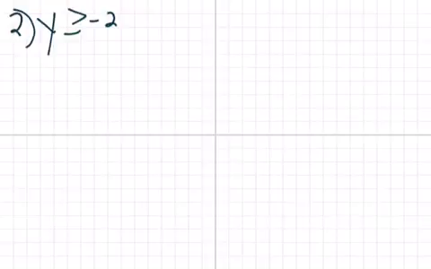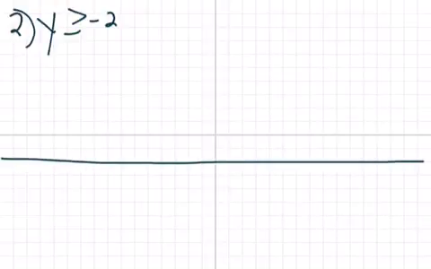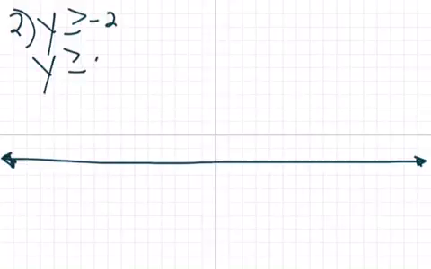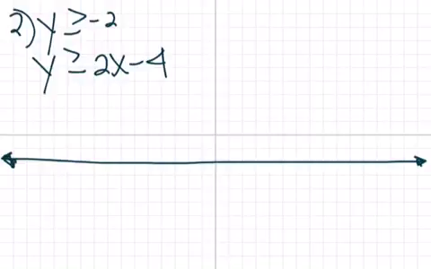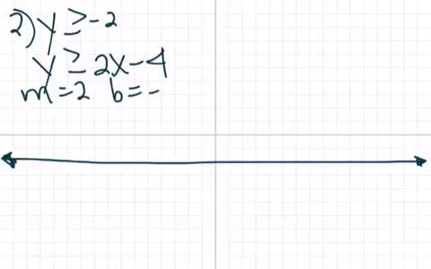Okay, let's look at problem number 2, which has y greater than or equal to negative 2. A y equals line is horizontal, and it has equal to, so it's solid. Then you have y is greater than or equal to 2x minus 4. That means we have a slope of 2 and a y-intercept of negative 4.